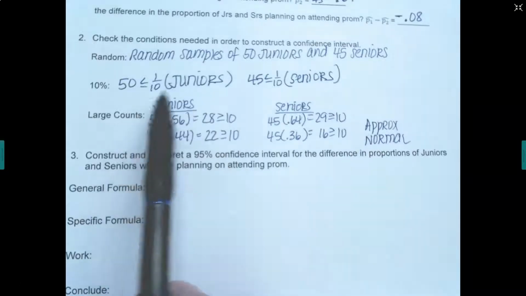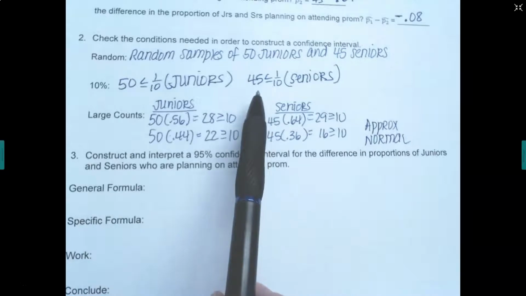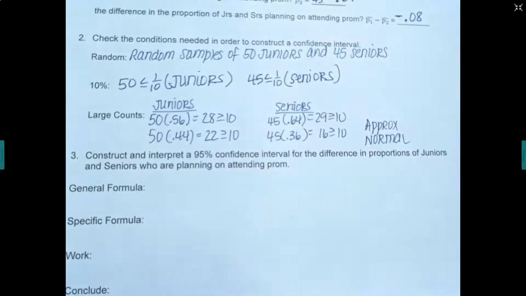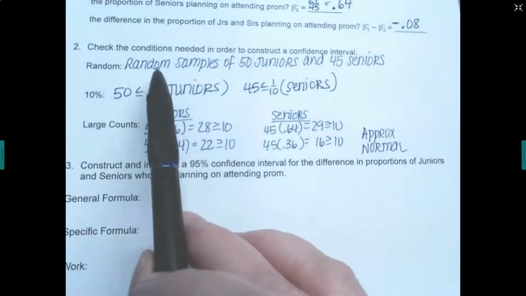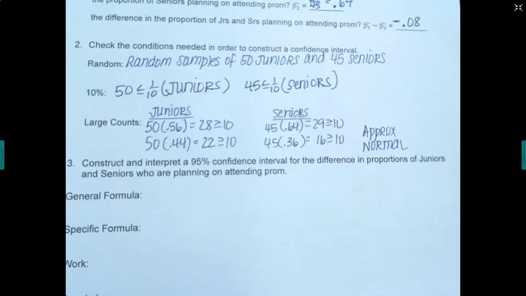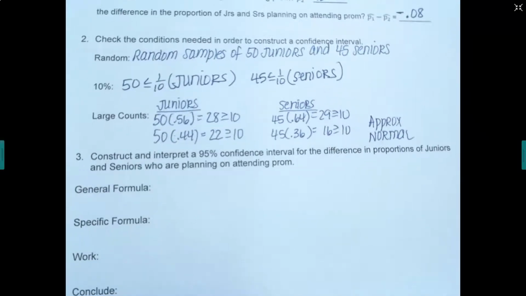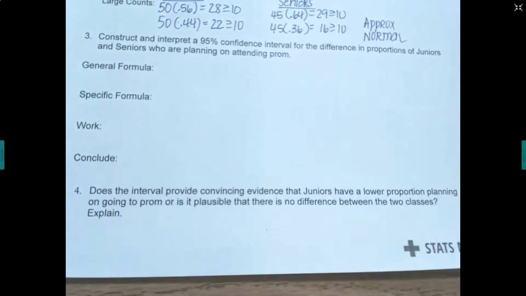Remember we checked the 10% because we're sampling without replacement, and we're okay because we took less than 10% of the population, and we want to be sure it's random so we can generalize our confidence interval to the population.